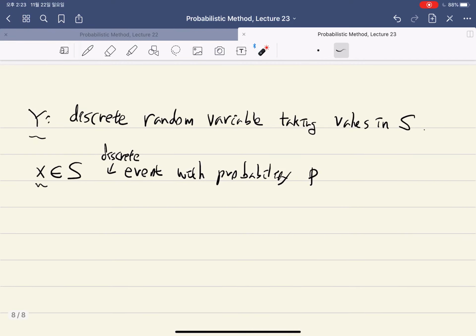That's the same as this situation. You can consider this as 0, 1, depending on this Y. And once this happens, which has probability p, it means that the entire probability space shrinks by p.